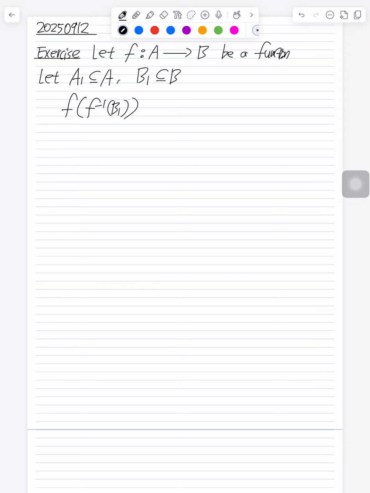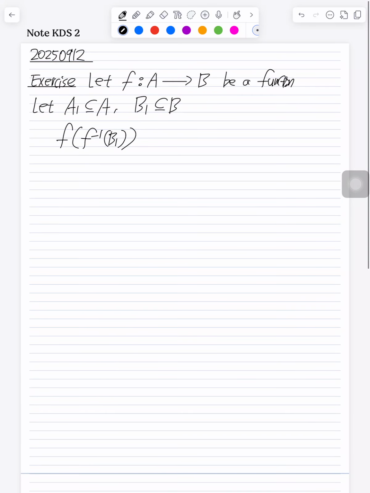Then it is clear from the definition of the function that this set is a subcollection inside of B. But what you can actually see is that this belongs to B1. It's a subset inside of the much smaller subcollection. This is the first statement.